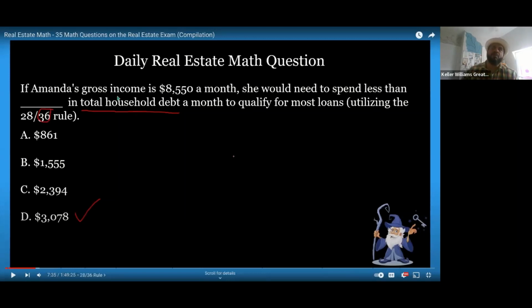This time you would multiply it by 36, because housing cost is the 28, total debt is the 36. So just pay attention to how they're wording it and what they're asking you. If it's just on the housing cost, it has to be less than 28%. If it's total debt, it has to be less than 36%.